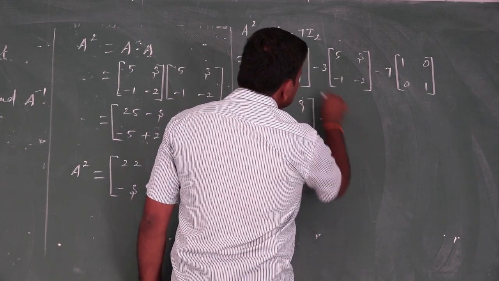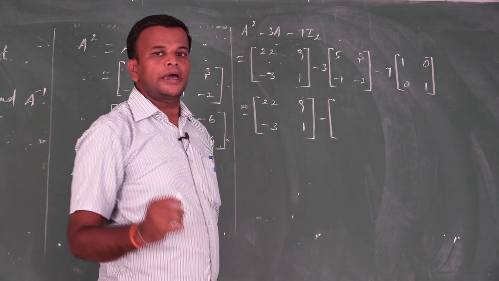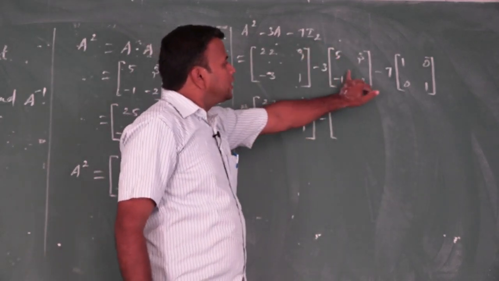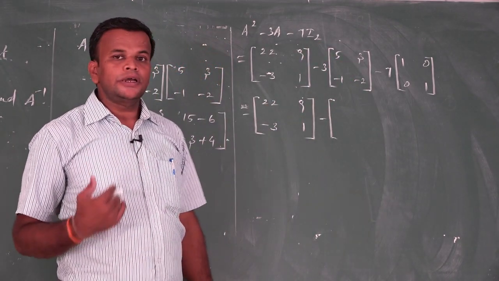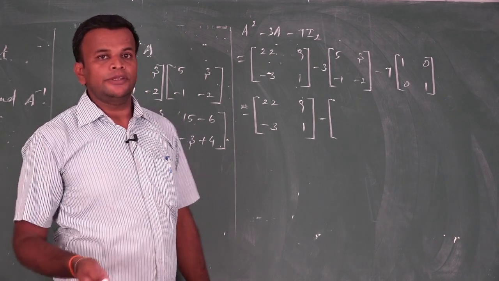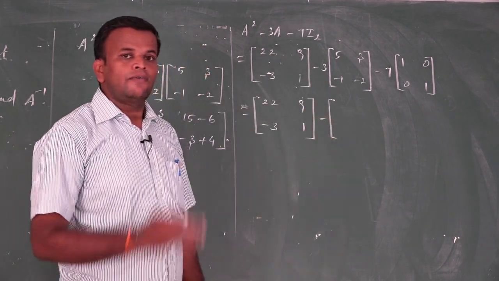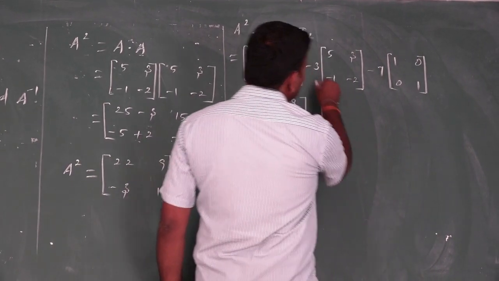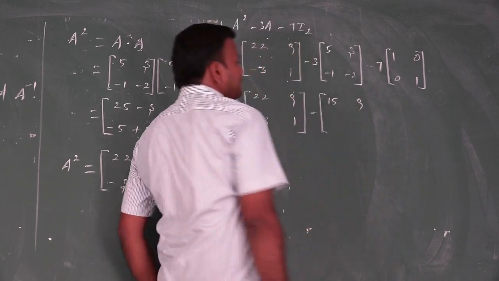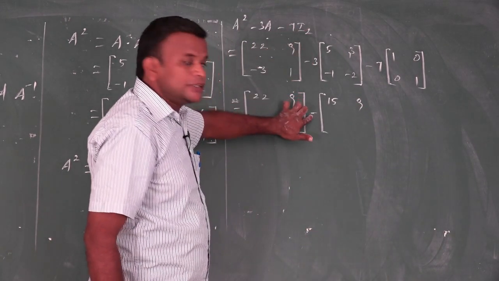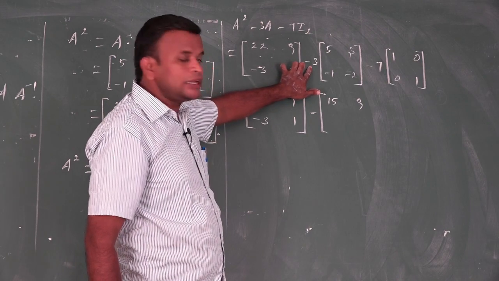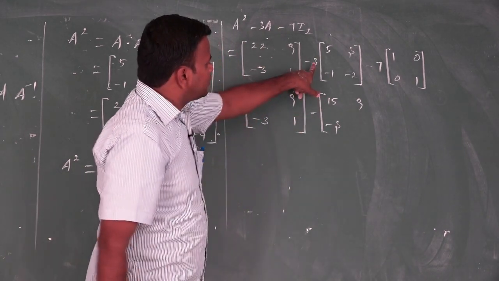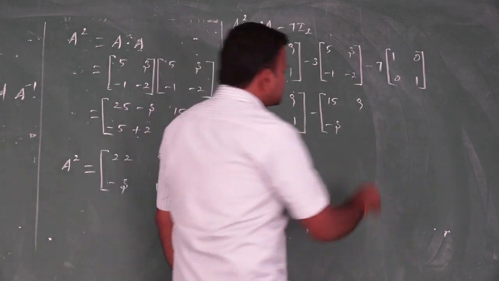Next, I keep the minus sign outside, but I multiply the number 3 inside. You know the rule, if a number is outside a matrix, it is multiplied with each and every element. So I keep the minus sign outside and multiply the number 3: 3 fives are 15, 3 threes are 9, 3 into minus 1 is minus 3, 3 into minus 2 is minus 6.